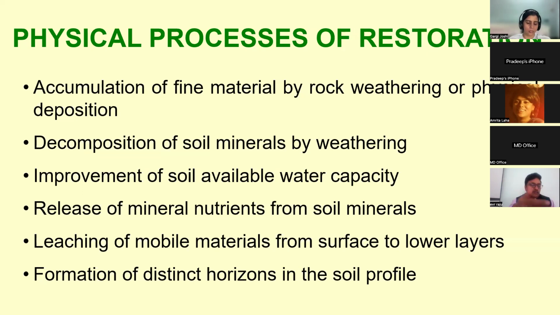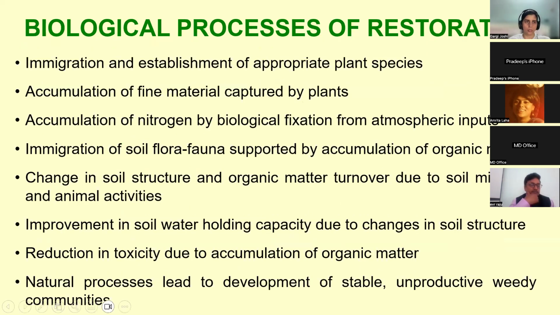Next, please, we have the biological processes. Once the site is conducive, immigration of some plant species happens. Then accumulation of fine material captured by plants, and accumulation of nitrogen by biological fixation. Then immigration of soil flora and fauna.